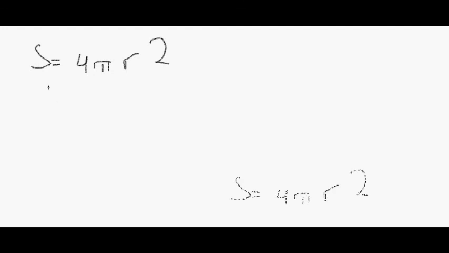The next one is the surface area of a sphere. S equals 4 pi r squared, and then I have the radius being 8. So 4 pi times 8 squared. 8 times 8 is 64.